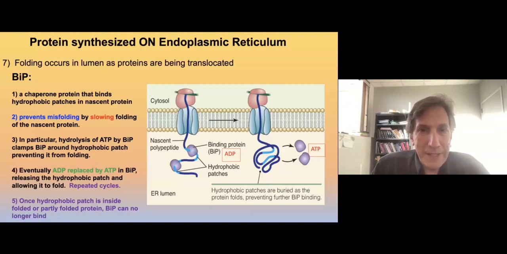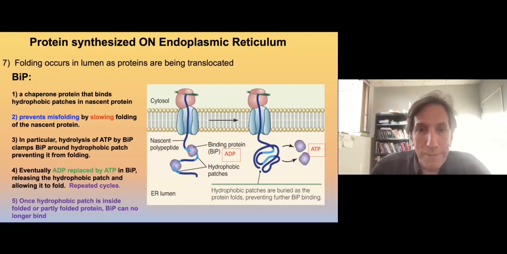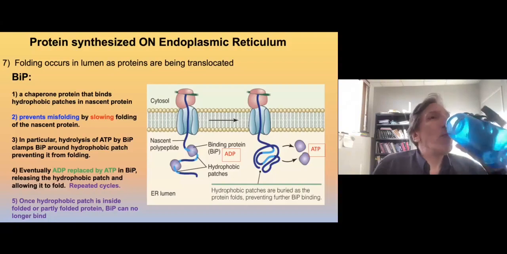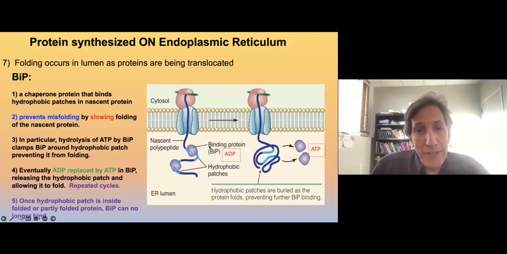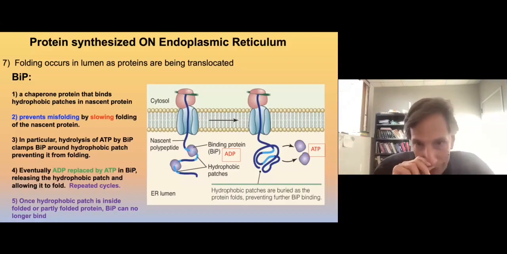And that prevents that hydrophobic patch from forming hydrophobic interactions with another hydrophobic patch, because it's already associated with BiP. Now, this on its own would not cause it to fold properly. In fact, it would prevent it from folding at all. And that's what it's doing. It's kind of slowing the folding.